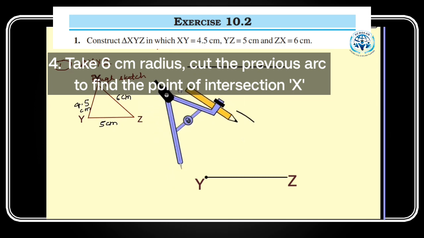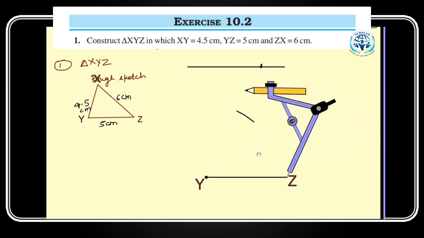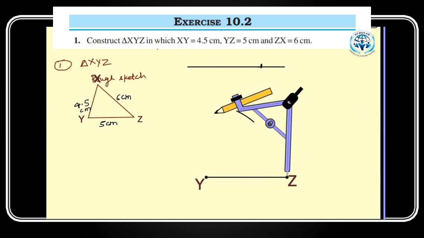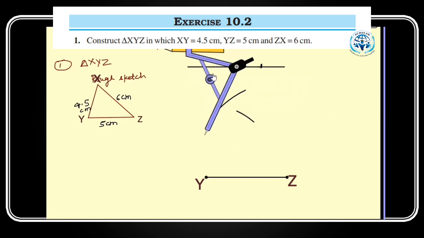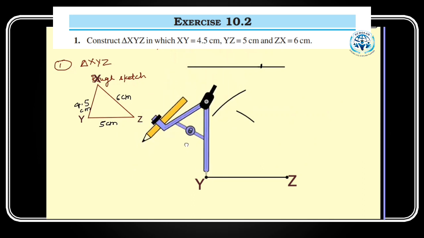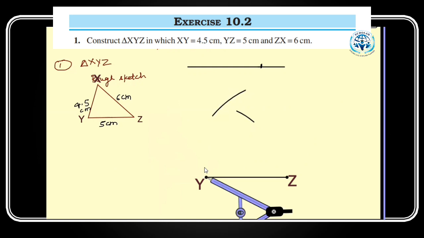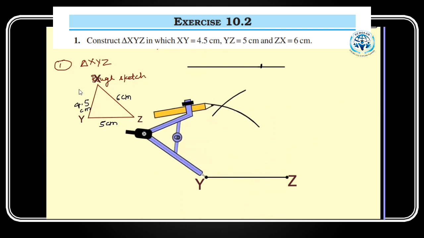When we draw another arc, keeping the center at Z, we will get the point X. I am again measuring 4.5 centimeter and I am increasing this arc so that I can get the point of intersection. Yes.